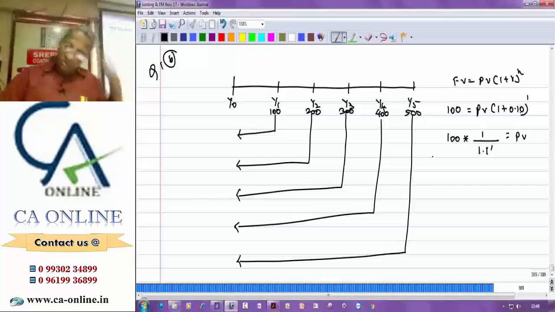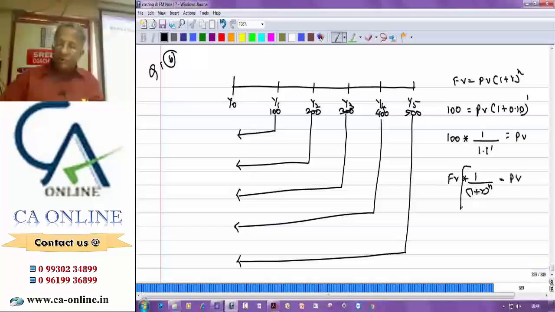So, it is future value into 1 divided by 1 plus r to the power n equal to present value. This one we call the present value factor. What is that? PVF.